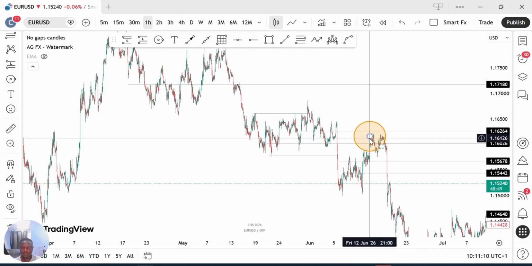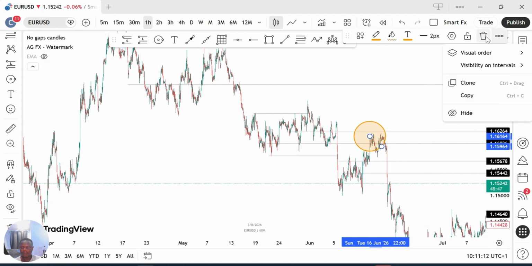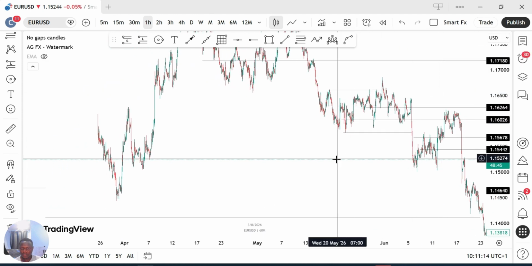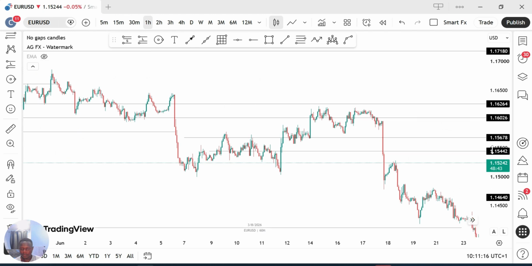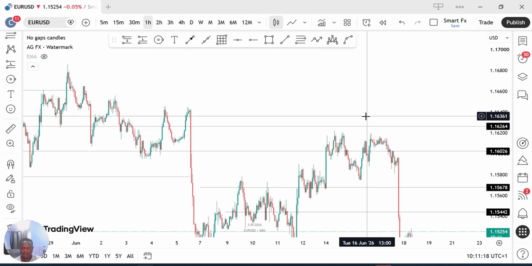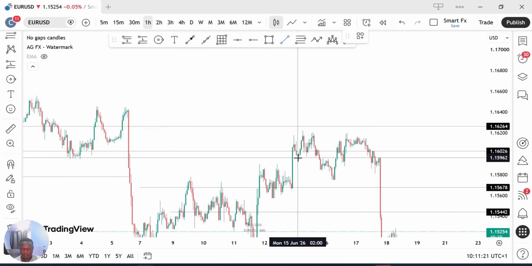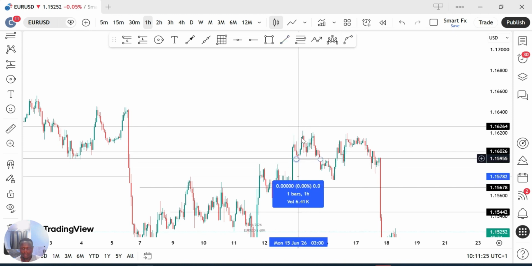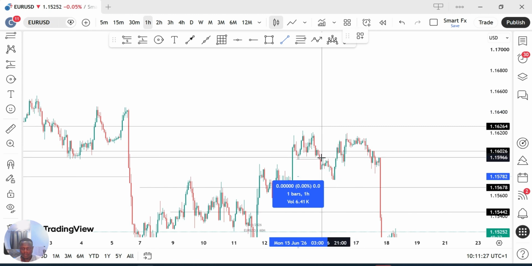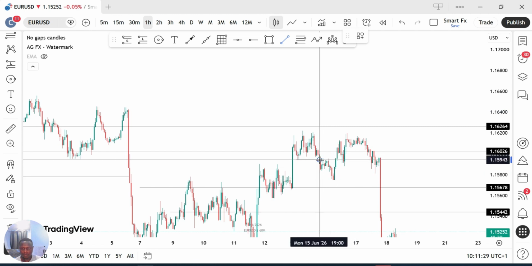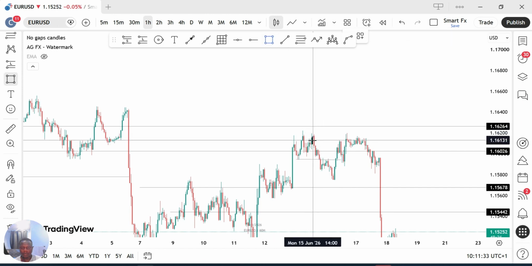That is this point now. Let's see what we have there. Okay, now look at it. We have market structure shifts. We have an inducement, which is the first pullback, and then market reacted from the order block.